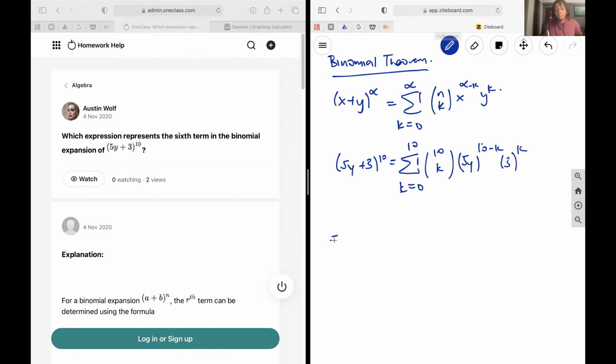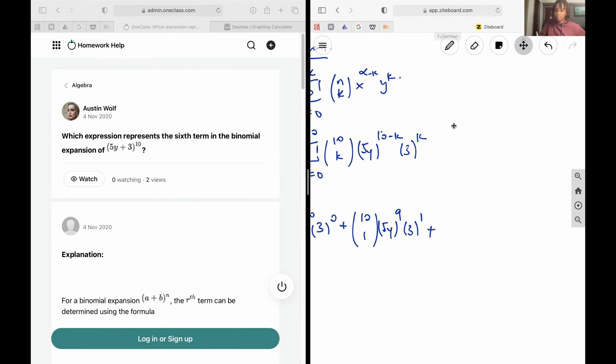So my first term is 10 choose 0, 5y all to the power of 10 minus 0, so 10, 3 to the power of 0. My second term is when k equals 1, so 10 choose 1, 5y all to the power of 10 minus 1, so 9, 3 to the power of 1. Plus, let's go ahead and write out everything.